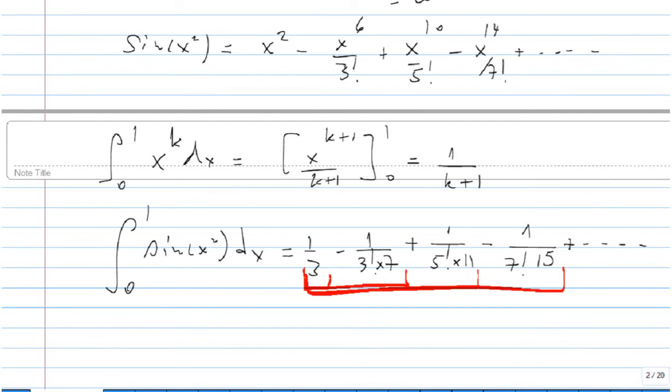For example, 1 over 3 minus the first one, which is 1 over 42, because it's 6 times 7. The second one is 1 over 1320. And the next one is 1 over 75,600, etc.